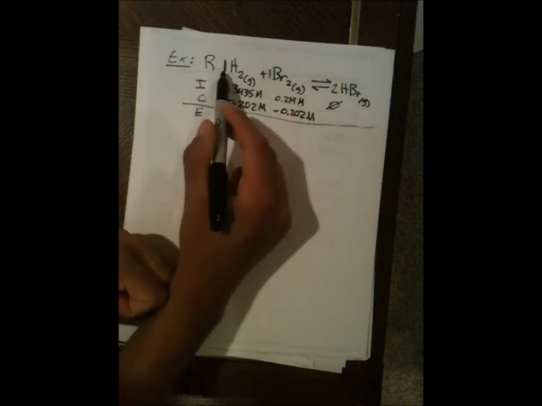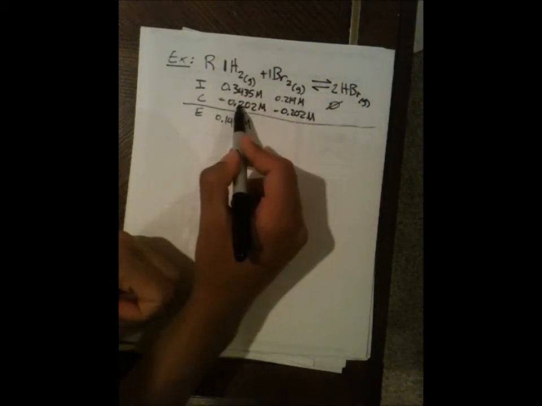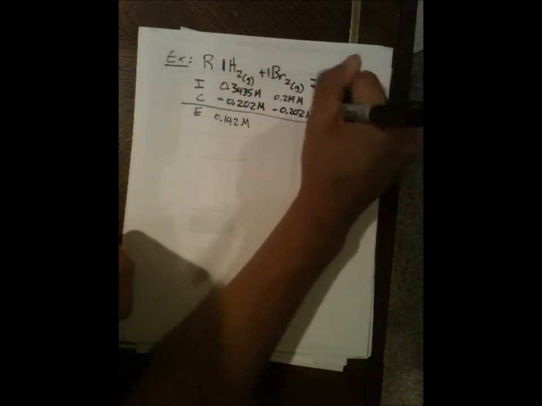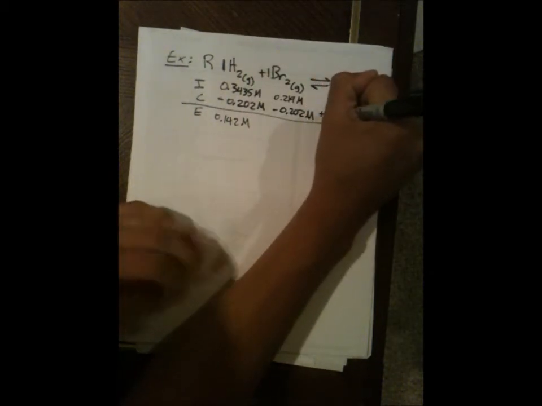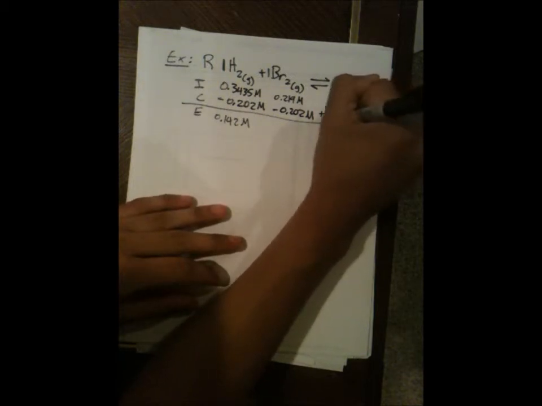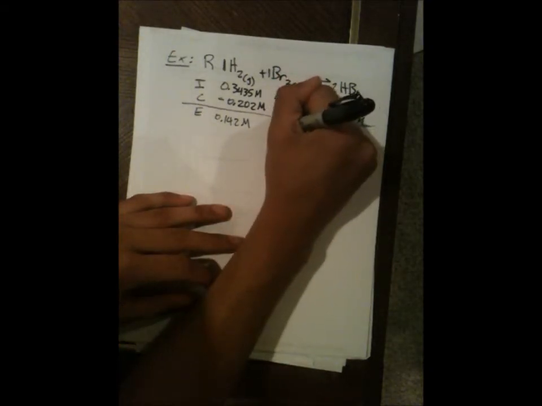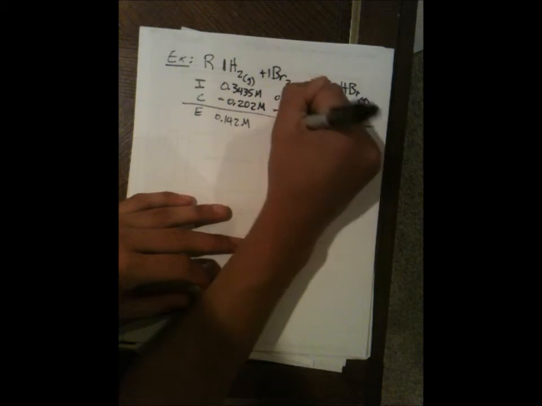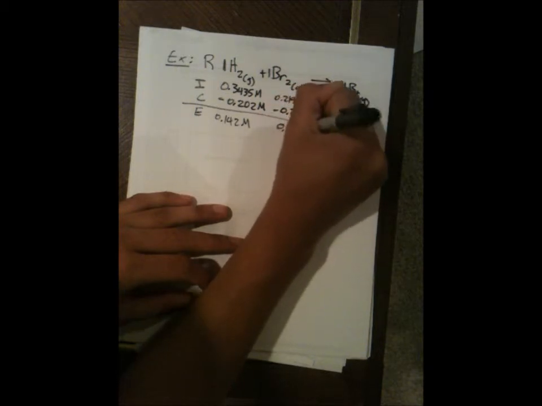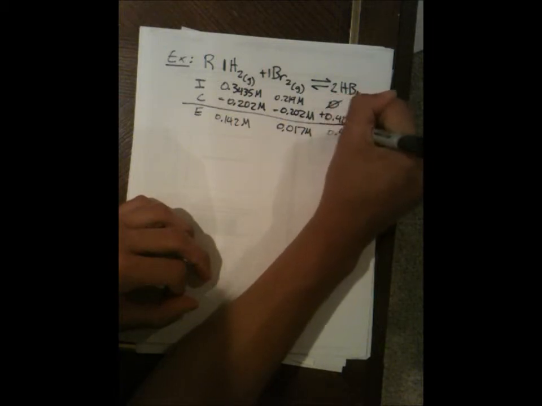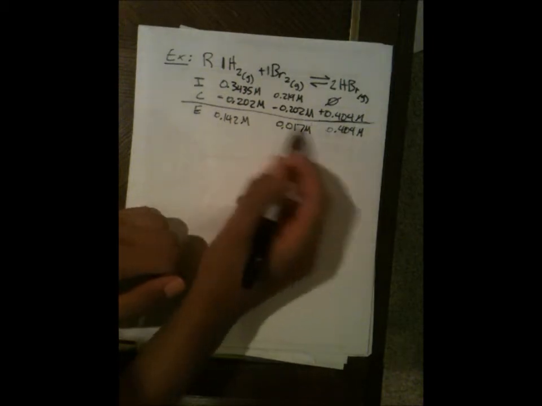Now look, H2, 1 to 2, so 0.202 is going to become plus 0.404 molar. And you're going to find these by simple mathematics. Molar, and it's going to be 0.404 molar.